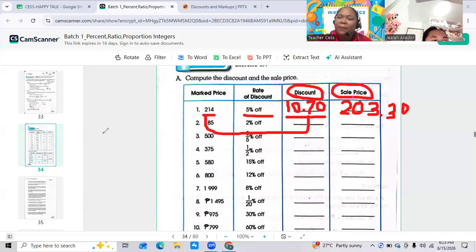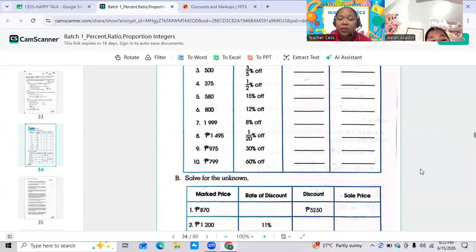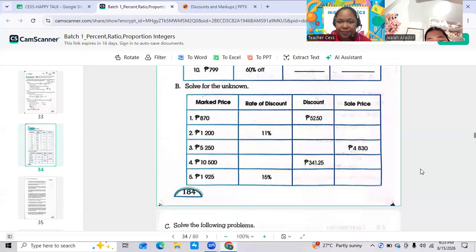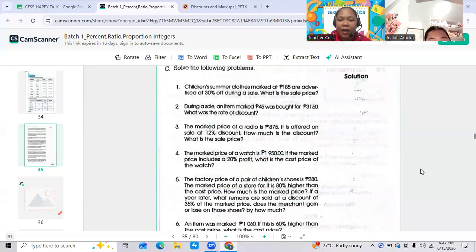Now, how about markup? For example, you are a businesswoman, Jela. So how will you earn money using markups? For example, you are the business owner or the store owner, na? So how will you apply markups?